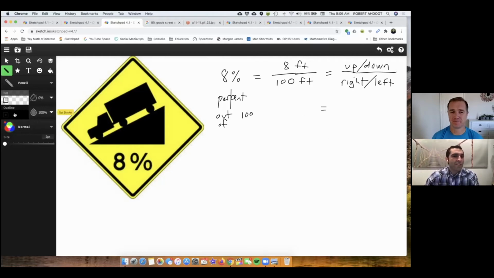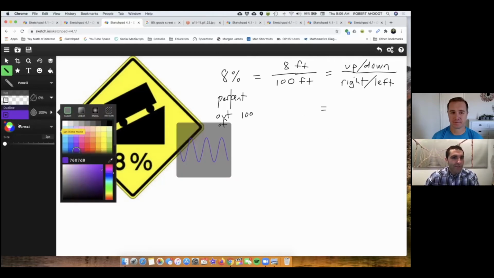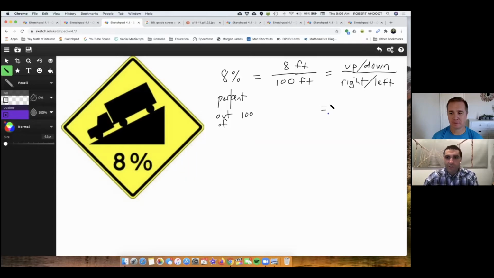The fancy term for this in schools is rise over run. Rise means up and down. Run means horizontal. That's a nice visual, a nice way for me to think about it.